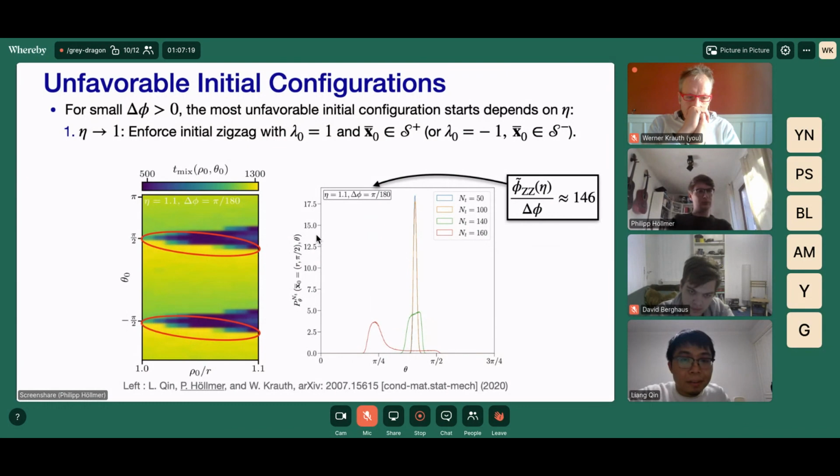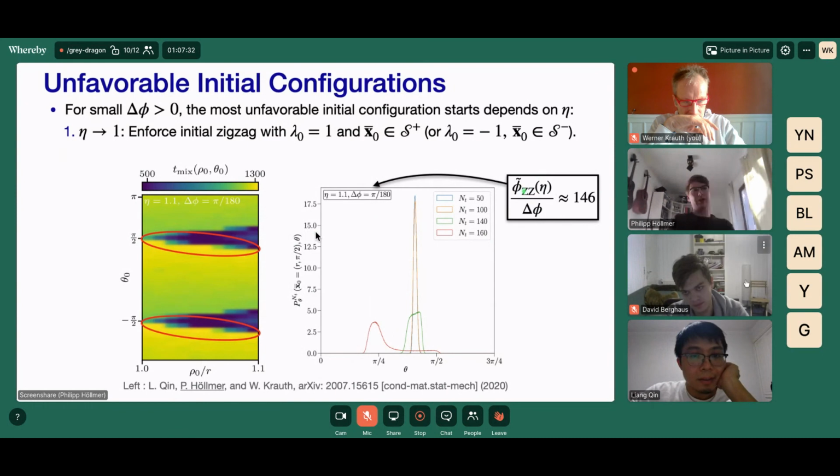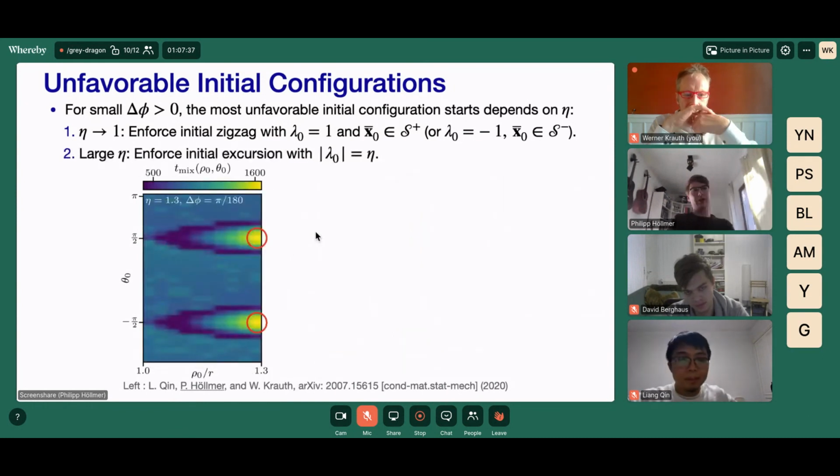Now we understood what happened for small eta: it's bad to enforce an initial zigzag. If we consider this function of the change of the dipole angle during a zigzag, and we increase eta, this change gets smaller.